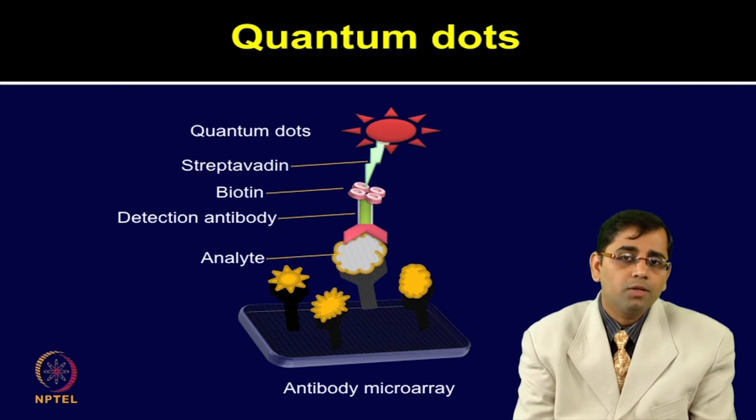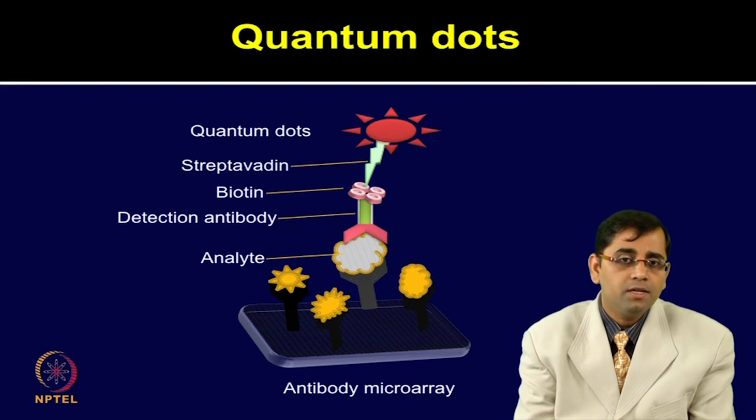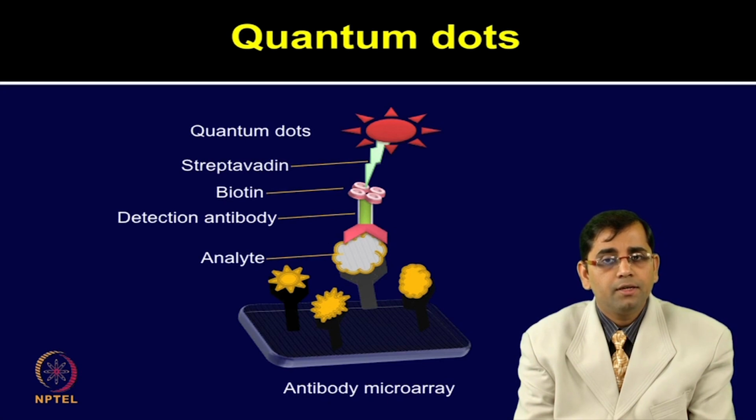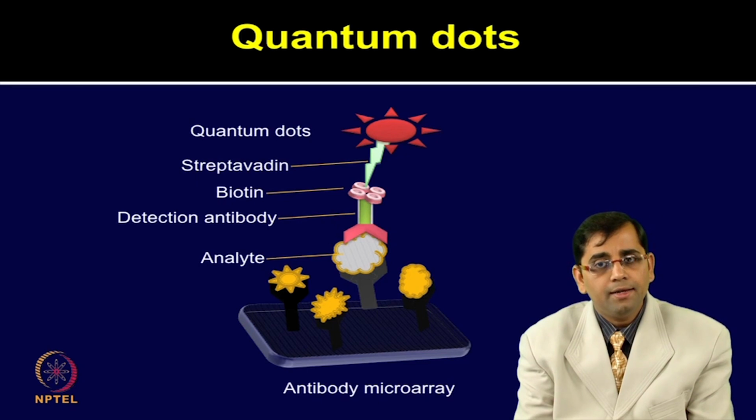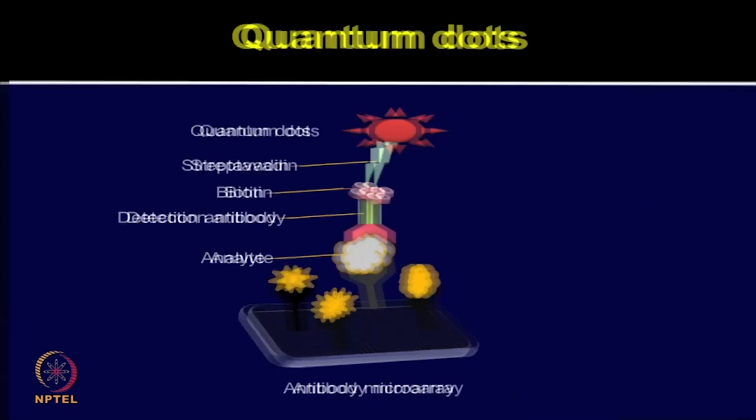When these excitons return to their low energy level, then emission of narrow symmetric energy takes place. As you can see in the slide, the change in optical properties because of the formation of excitons upon binding of quantum dot conjugated antibody to the target analyte can be used as a method for detection in microarray based methods.